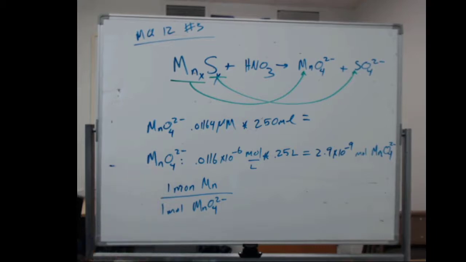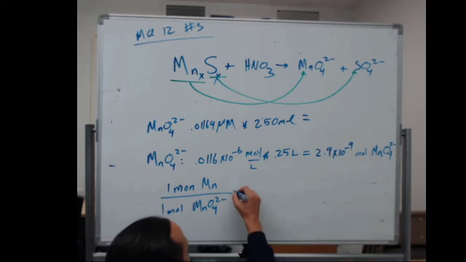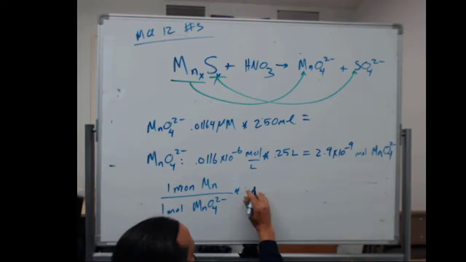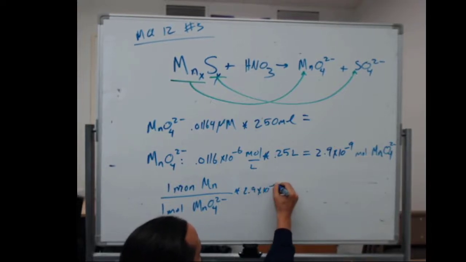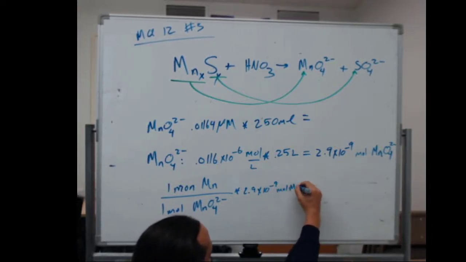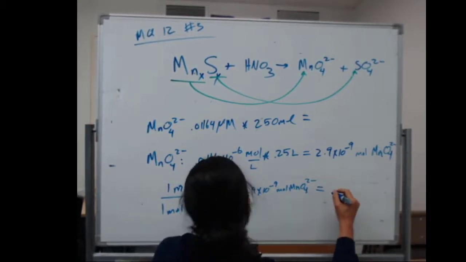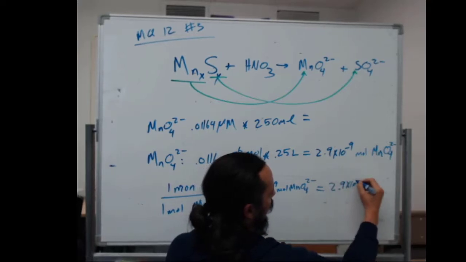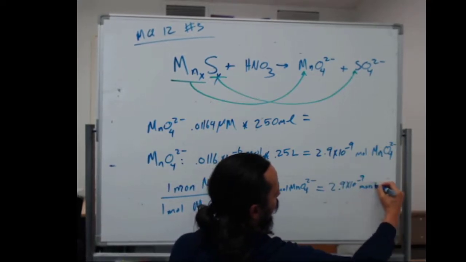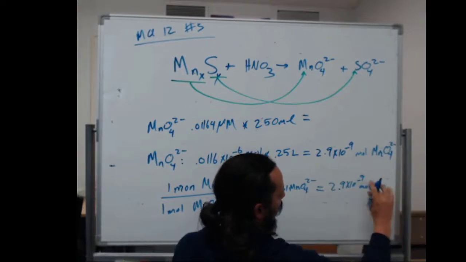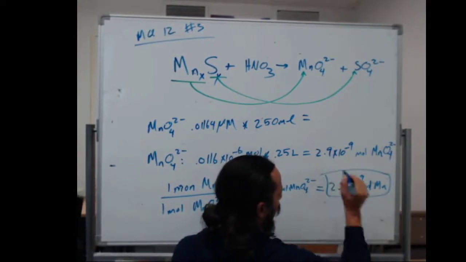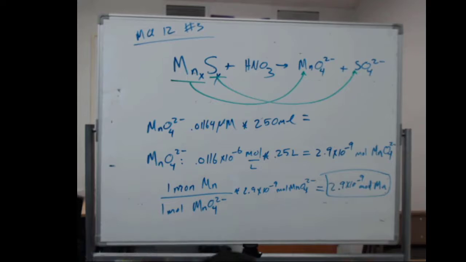Because there's only 1 manganese in there, this multiplication is kind of boring. 2.9 times 10 to the minus 9 moles MnO4 2 minus gives us 2.9 times 10 to the minus 9 moles. And so that is the moles of manganese in that sample. The next thing we have to figure out is the moles of sulfur.